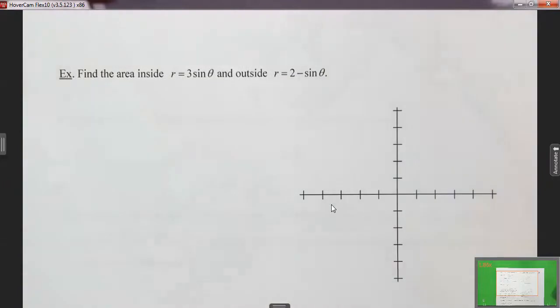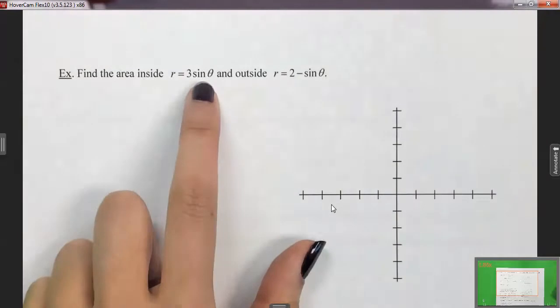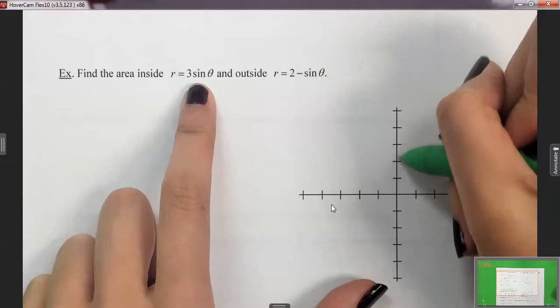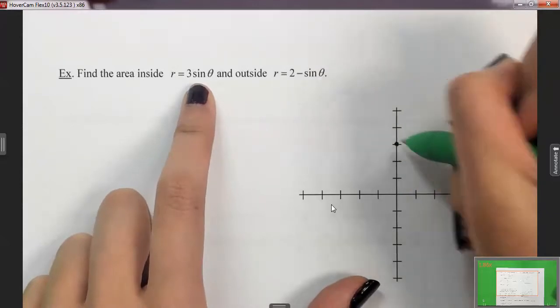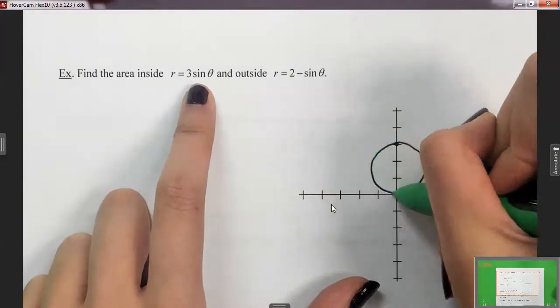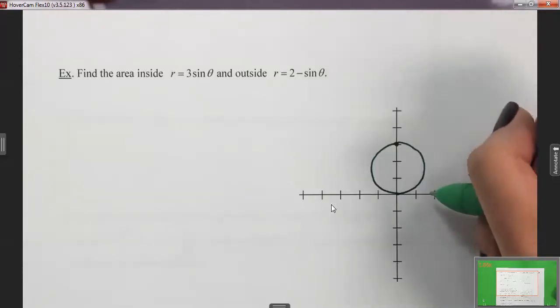Two more. Now we've got multiple polars. Find the area inside r equals 3 sine theta, which is a circle, because it's a rose, but it only has 1 petal. So circle out 3, since it's sine, it's going to be out 3 on the y-axis. That circle's not bad. r equals 2 minus sine theta is a limaçon.